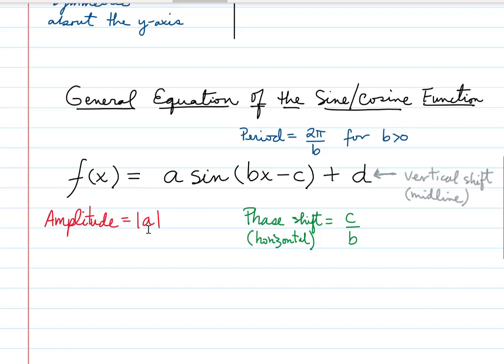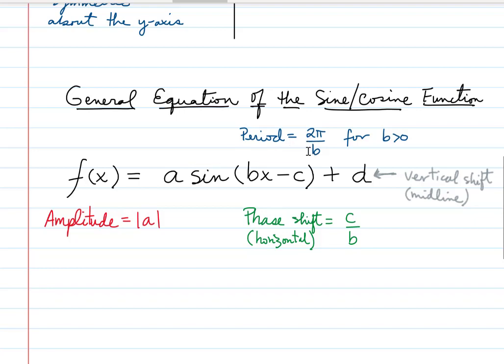But amplitude is basically going to be this coefficient, this number in front of the sine or cosine, and it's going to be the absolute value of it. So the amplitude itself is just the absolute value of this a.